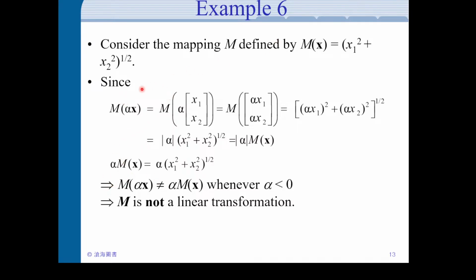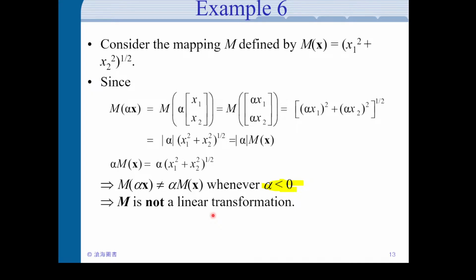You might think that if you multiply your vector by alpha, your vector length will increase by alpha, but it's a bit tricky, because sometimes alpha can be less than 0. If you multiply your vector by alpha, then the length of the vector is actually increased by the absolute value of alpha. But you want your mapping to be increased by a factor of alpha, and alpha will not equal the absolute value of alpha when alpha is less than 0. So N is not a linear transformation.